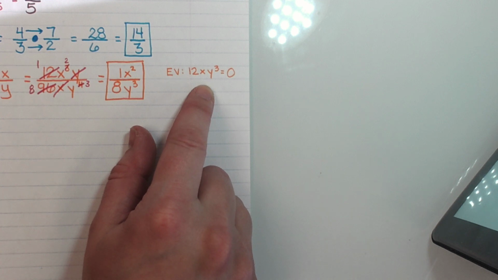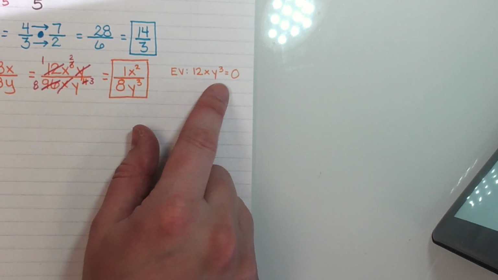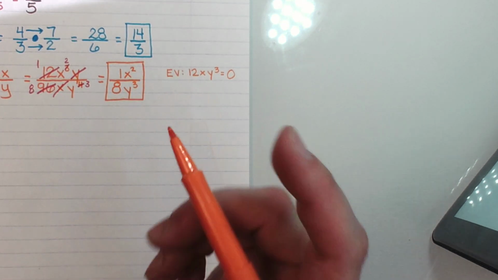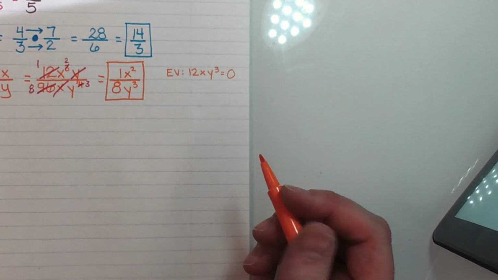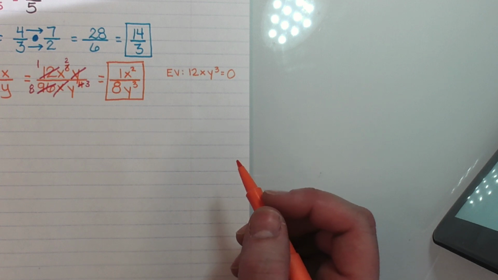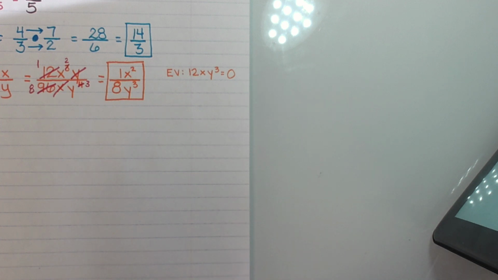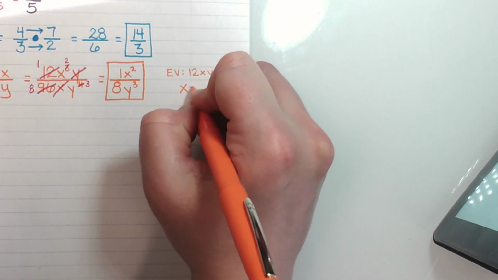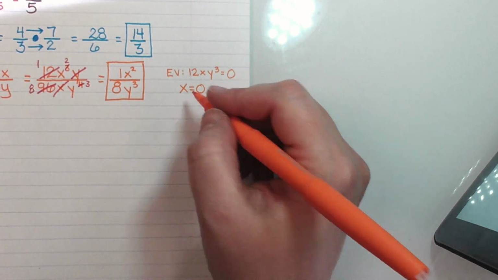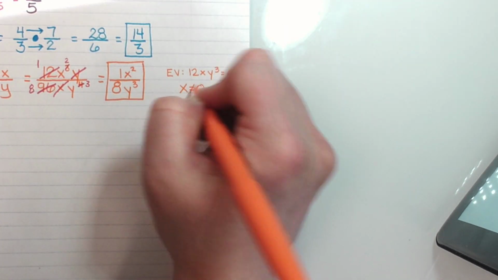What's the only way you get a bunch of stuff multiplied together give you 0? You better have multiplied by 0. Some of this better be a 0. Can the 12 be the 0? Can the x be the 0? Can x be 0? X equals 0 is one of our excluded values, but I don't leave it as an equal, I change it to a not equal.